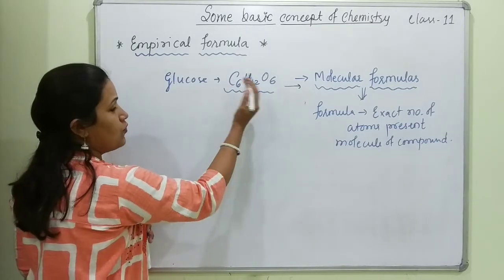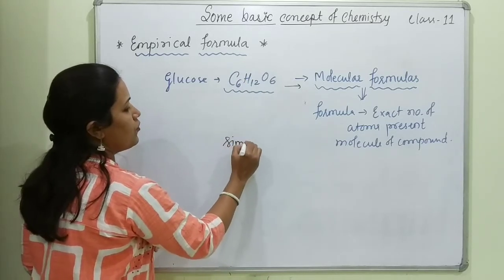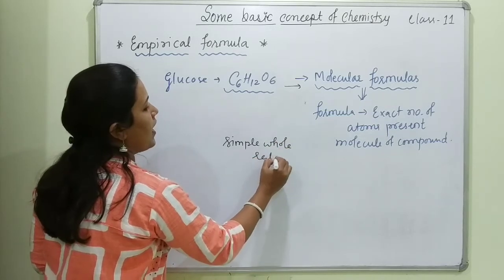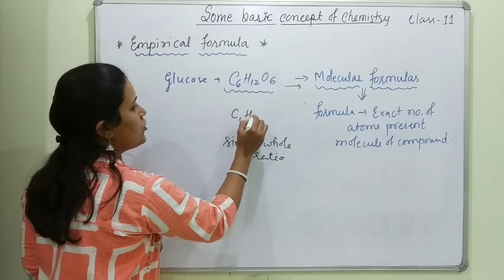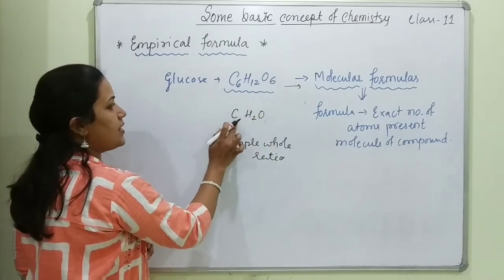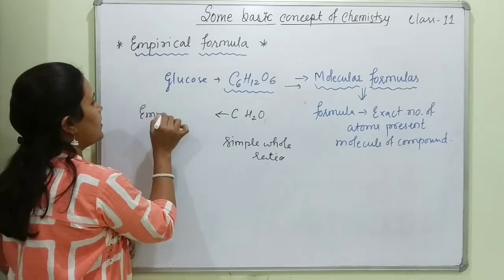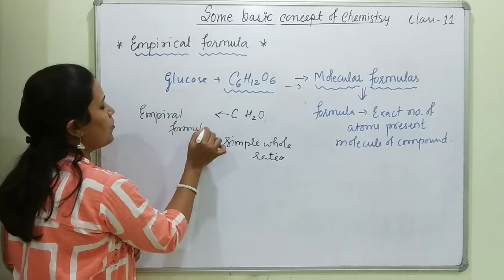But if I take the simple whole number ratio, I get C1, H2 and O1, or simply CH2O, and this is known as the empirical formula.